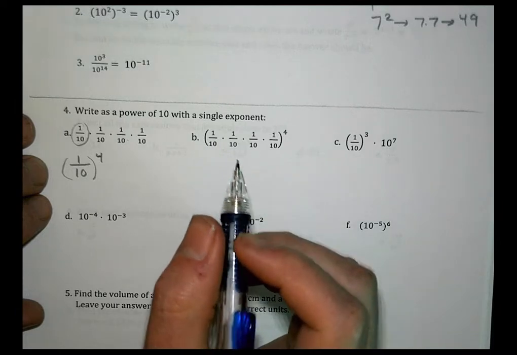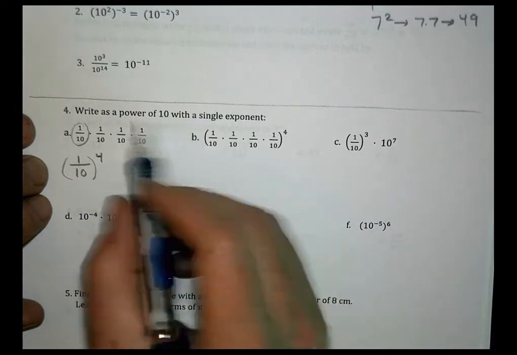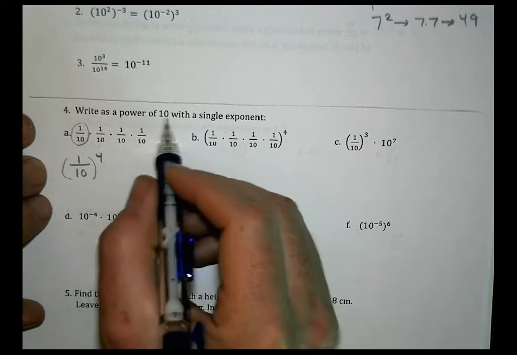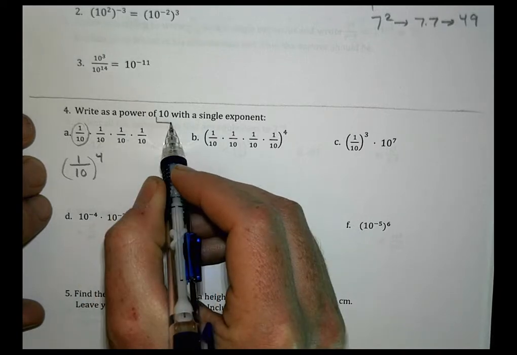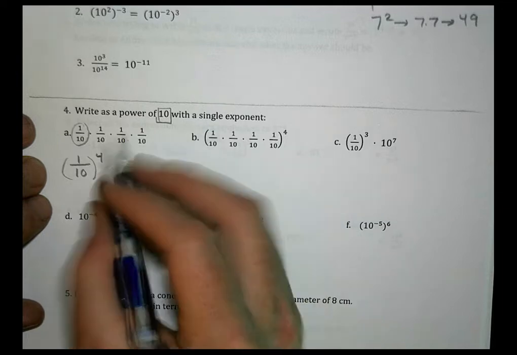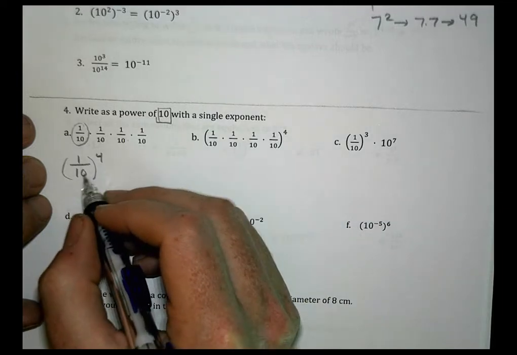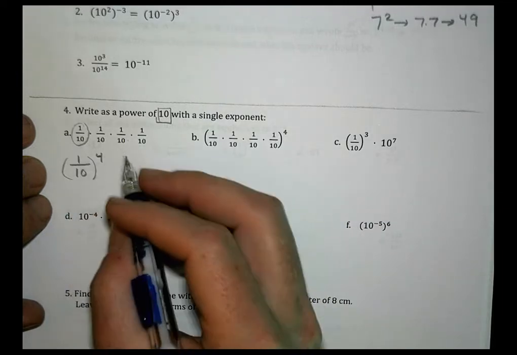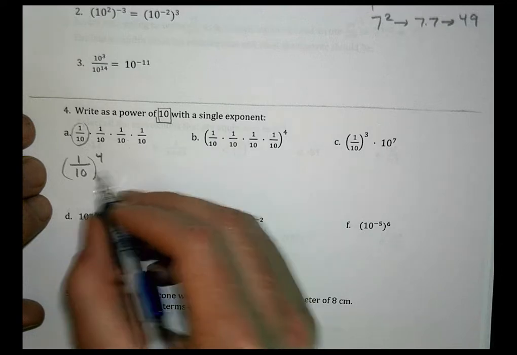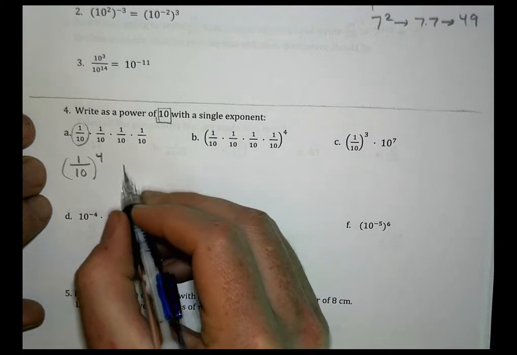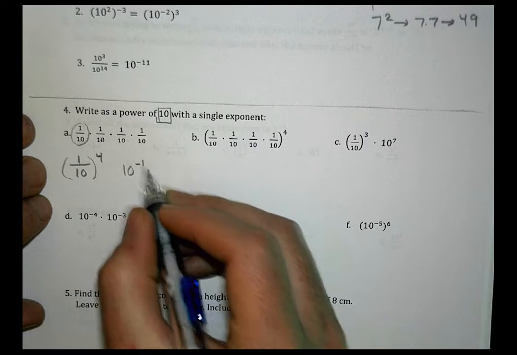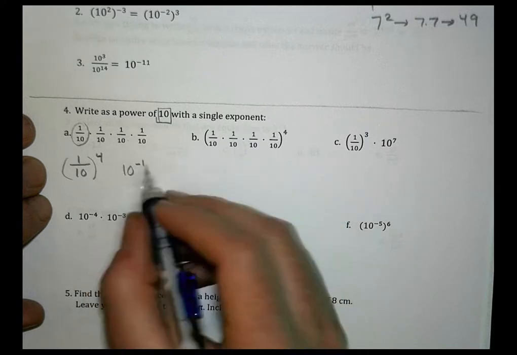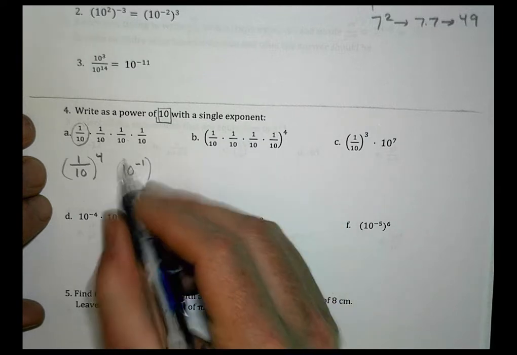That's not a problem. Now they want me to write it as a power of 10 with a single exponent. So what they're really wanting is to get it back to a base of 10. That's their goal here. Knowing that this is 1 over 10, another way of thinking about 1 over 10 is as 10 to the negative 1 power, right? That puts it in the denominator.